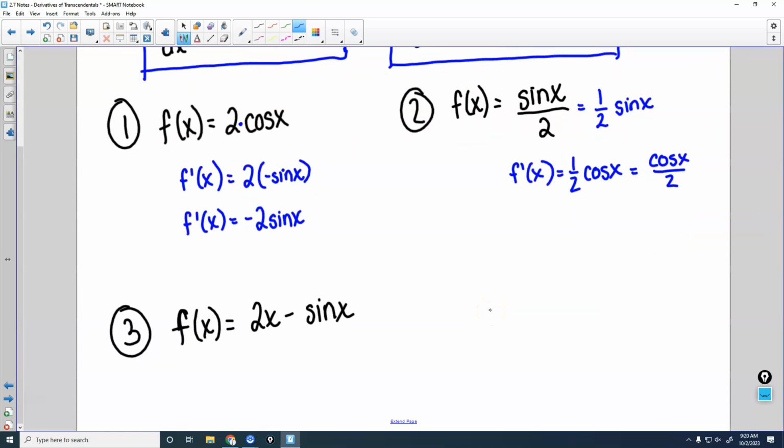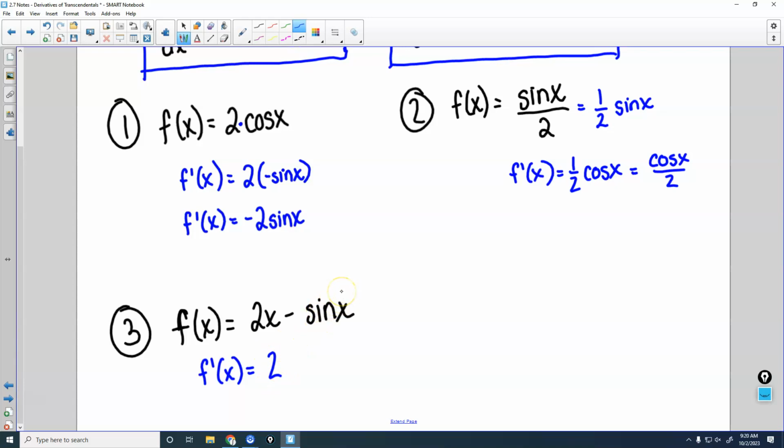Okay. Example 3 is just sort of a mixture. You have 2x, and then you've got sine x. So when we take the derivative of this, we're going to just take the derivative of 2x using the power rule. Jeremy, what do I get when I take the derivative of 2x? Just 2, right?